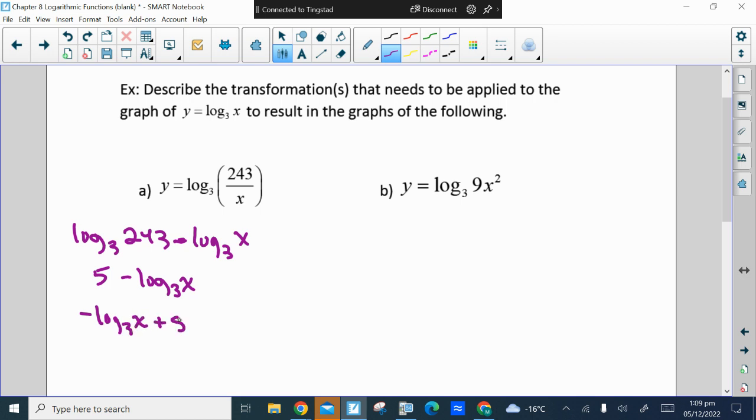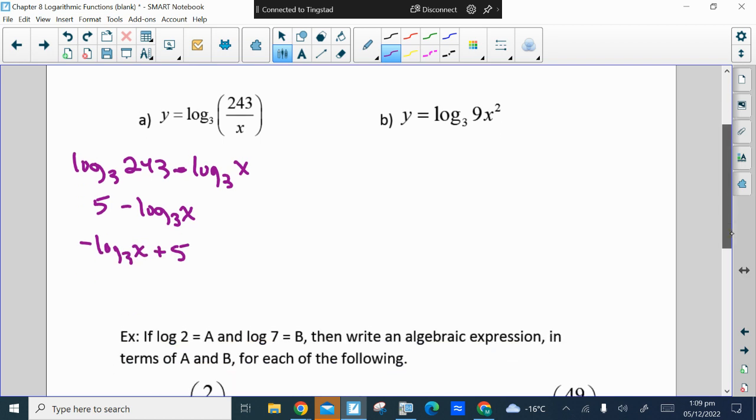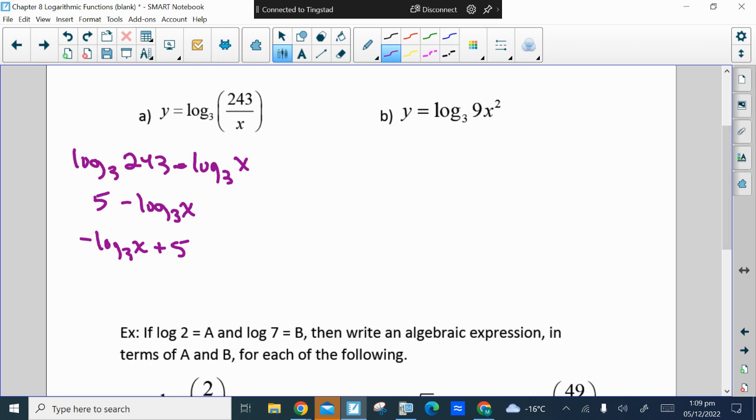So this becomes 5 minus log base 3 of x, or negative log base 3 of x plus 5. And we write it like that because that's the format we're used to using when we're talking about transformations. We want to know what are the transformations on log base 3 of x to get this new one. Well, a negative sign in front means a reflection over the x-axis.